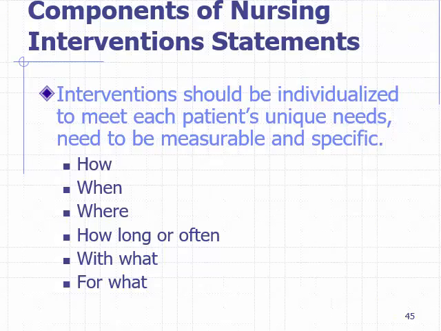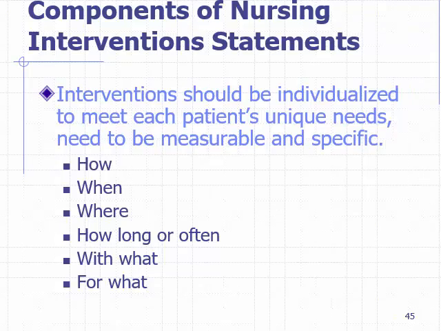So, intervention statements. Interventions should be individualized to meet patients' unique needs, and they need to be measurable and specific. Components of the nursing intervention to help accomplish this are how, when, where, how long or often, with what, and for what.